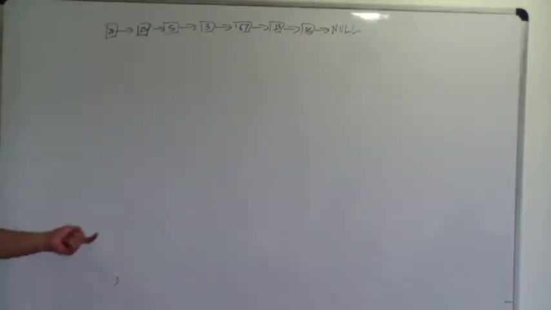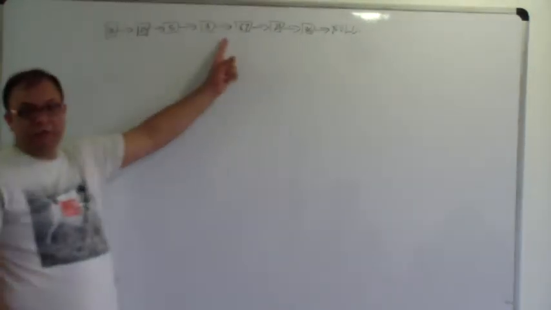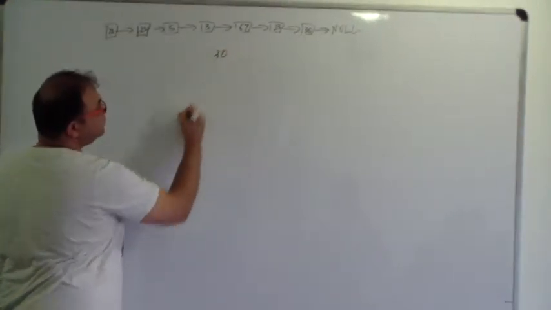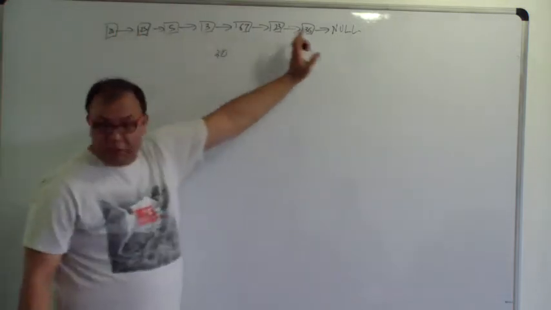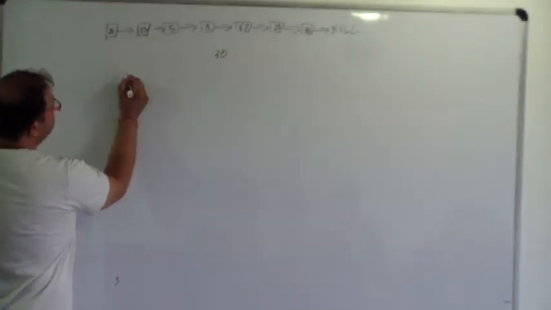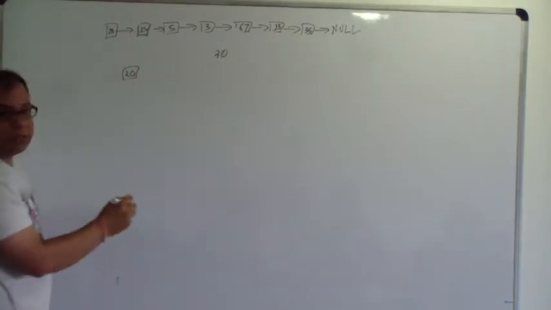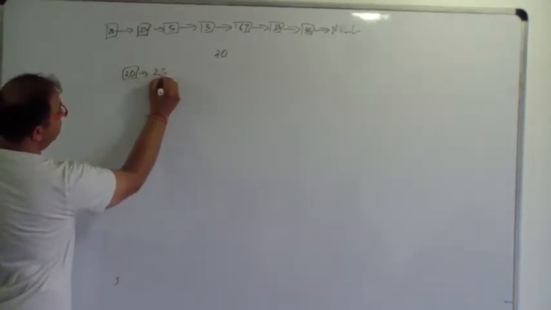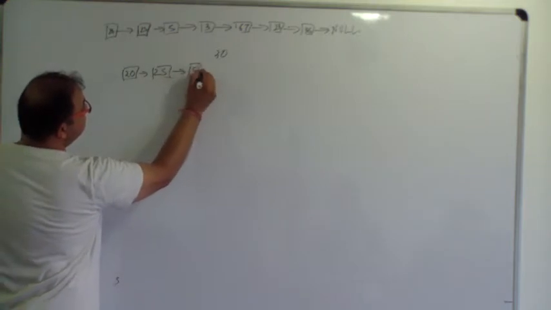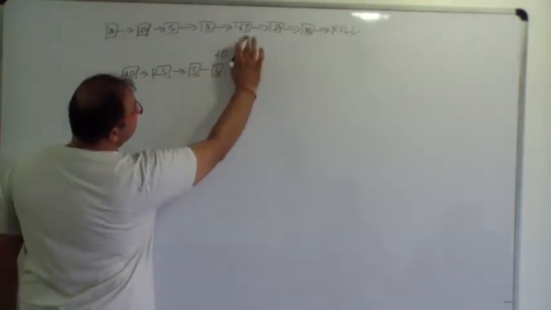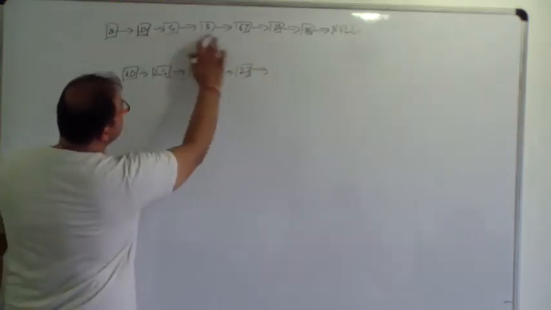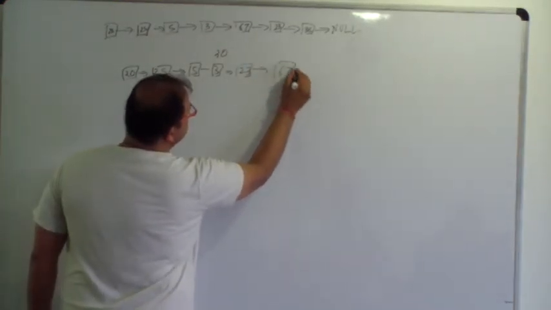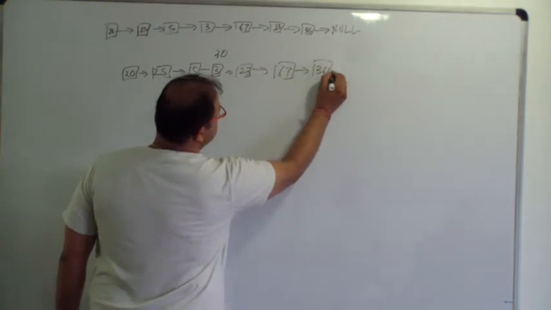All the values which are below 30 should come at the start, and all the values after 30 should come at the end. So 20 is before 30, then 25, then 5, then 3, and then 23, and then 67, and then 36.